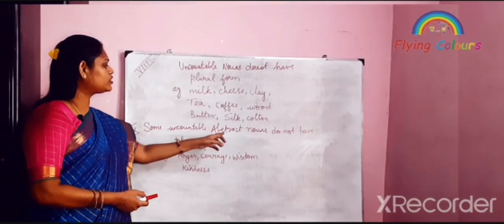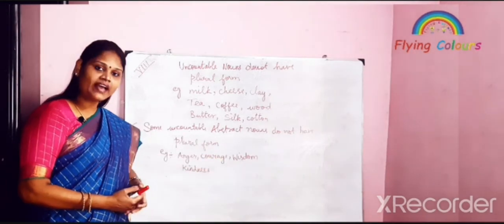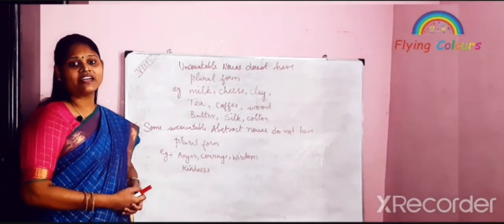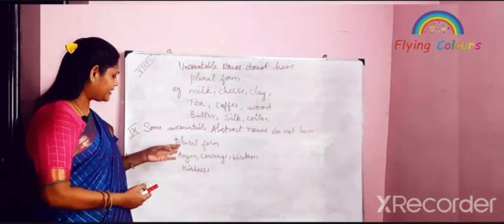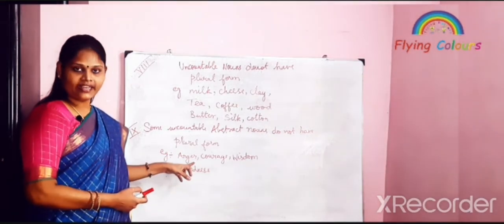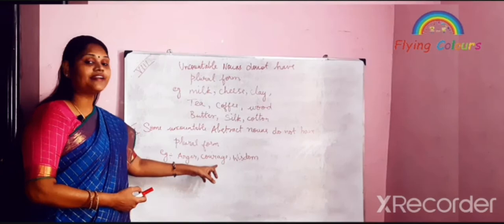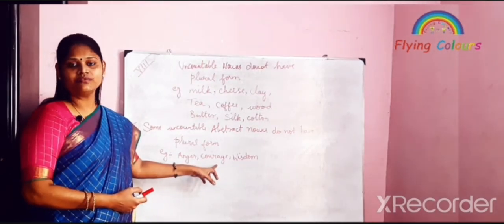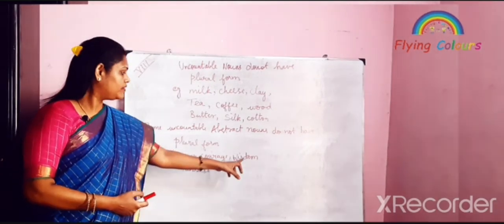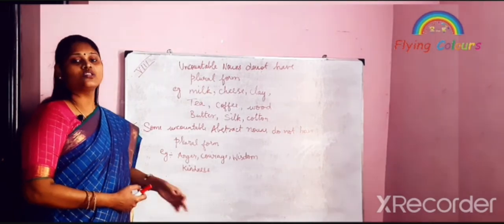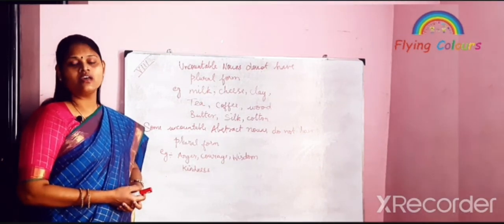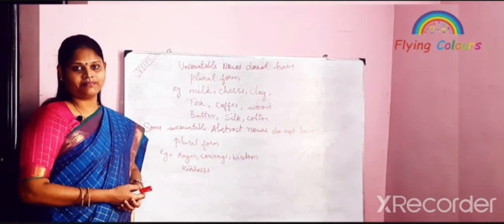Some uncountable abstract nouns do not have a plural form. Only some abstract nouns. For example, anger. Anger is an abstract noun. It doesn't have a plural form. Courage is an abstract noun which doesn't have a plural form. Wisdom, kindness. So only some abstract nouns will not have a plural form.